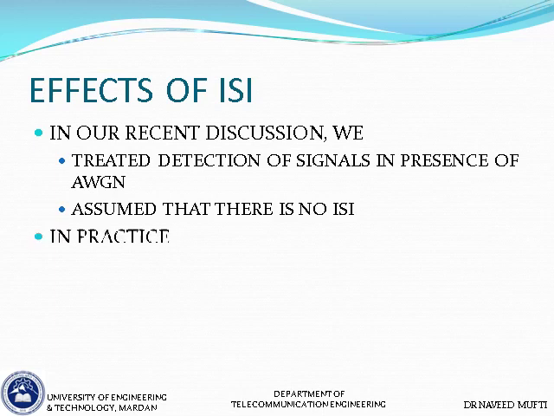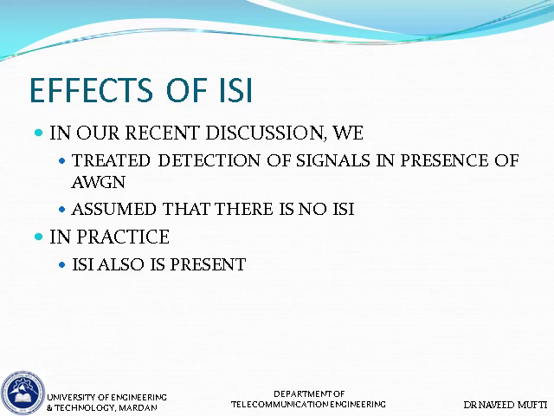And if you remember the equation for z(t), even there we assumed that there was no ISI, so there was no degradation due to ISI. That was a simplifying assumption, because in real scenarios ISI will also be present.